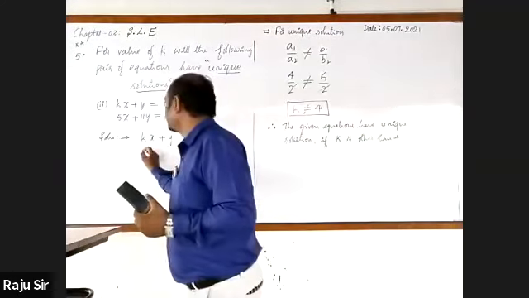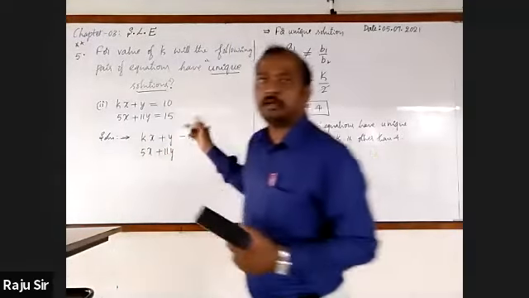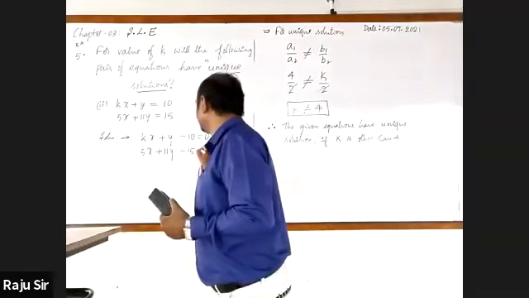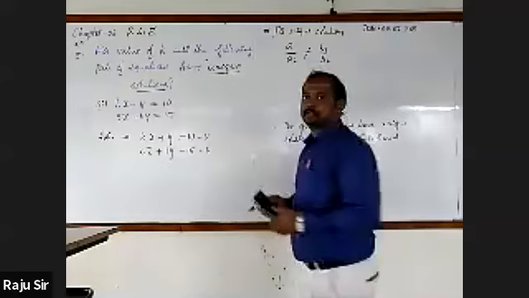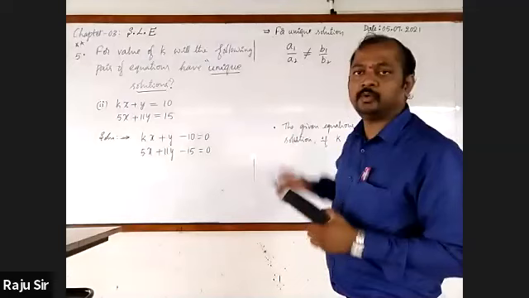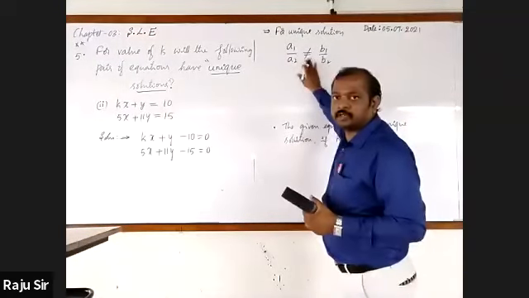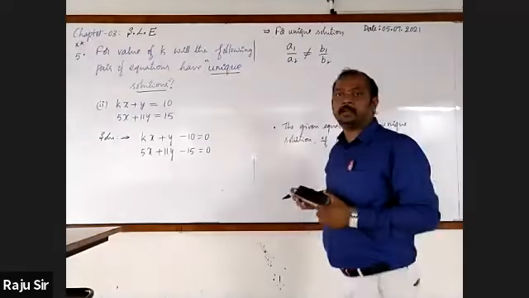Right. Second equation, 5x plus 11y, transfer 50 to the left hand side. It becomes minus 50. This is equal to 0. Again, for unique solution, write the condition: A1 by A2 is not equal to B1 by B2.